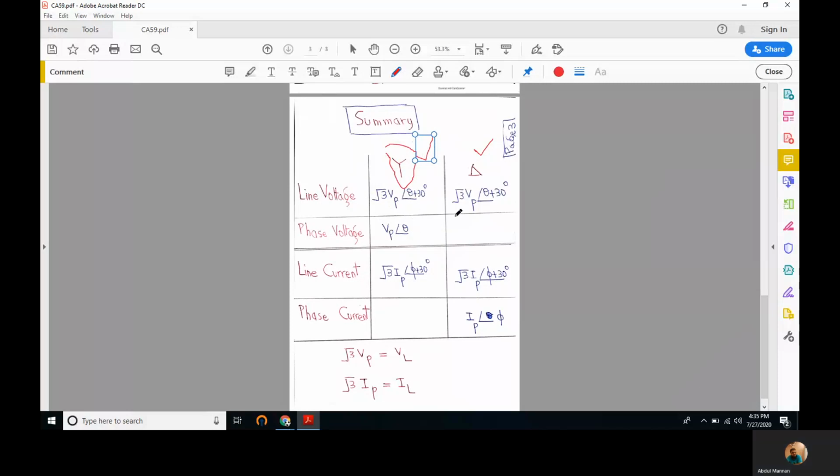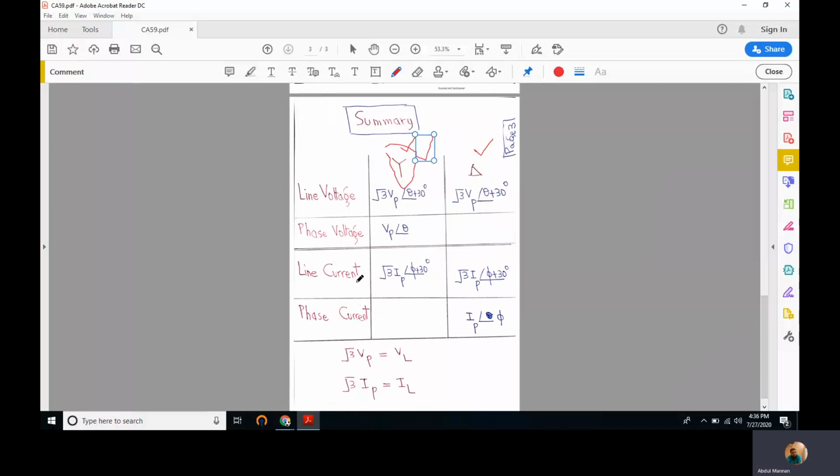But in the case of delta, we have only one voltage, which is equivalent to the line voltage in the case of a Y-connected system. For a delta-connected system, we have two currents, line currents and phase currents, but for a Y-connected system we have only one current.